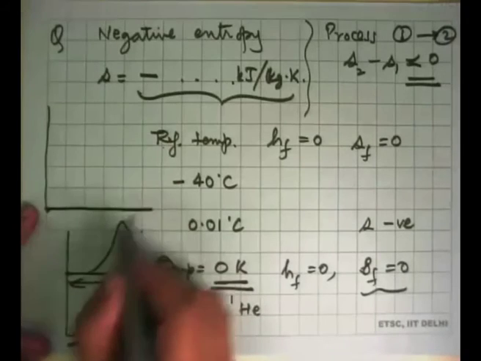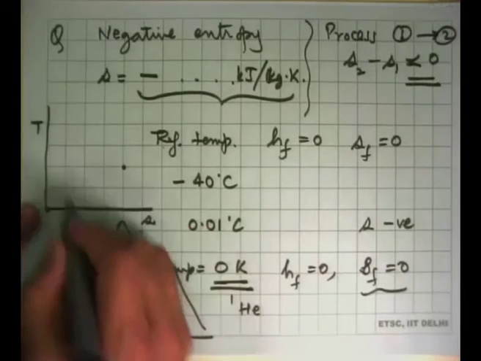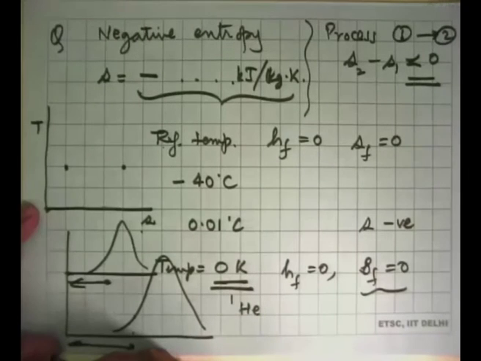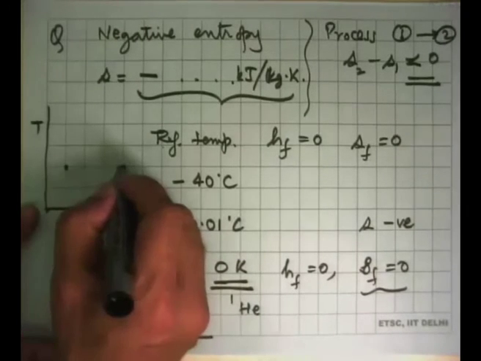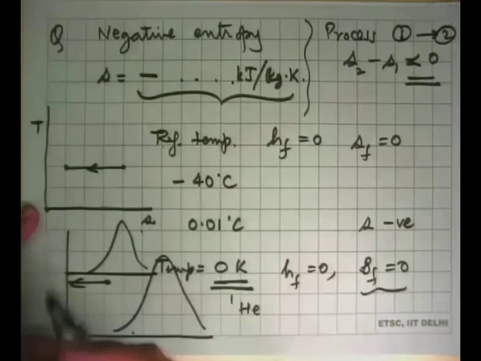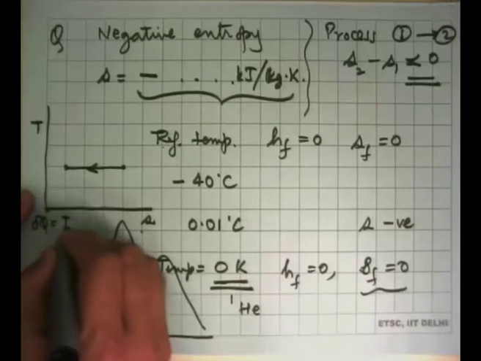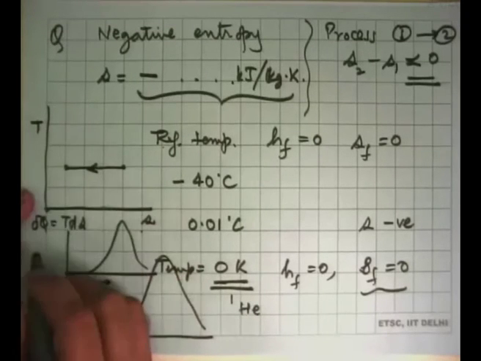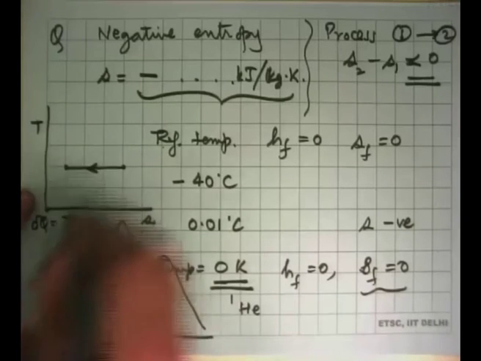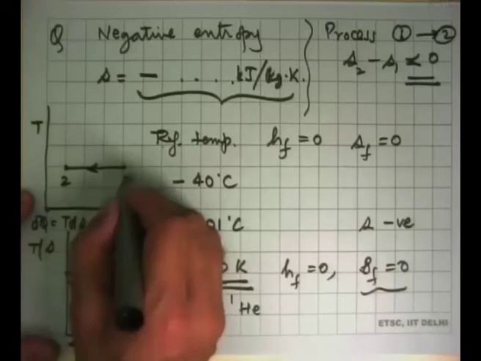On a TS diagram, if I have state 1 here and state 2 there, a cooling process brings it over there. If there is no work transfer in this, we know that delta Q is equal to T dS, and when we do that calculation, we will get that the heat transfer is T times (S2 minus S1).